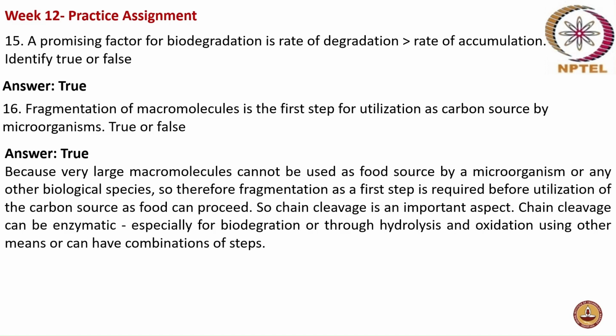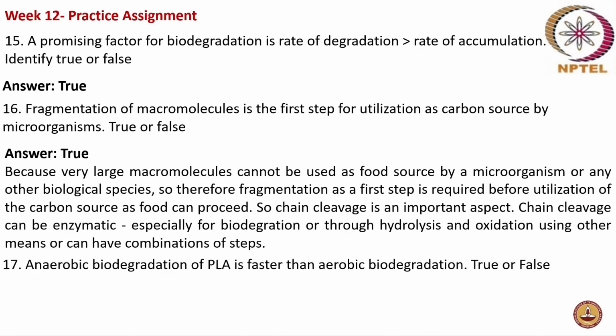You can use water plus the presence of some enzymes, and then presence of oxygen, all these together in some combination, they break the very large macromolecular chain into smaller fragments, which can be further utilized by the microorganisms for complete biodegradation process to take place.